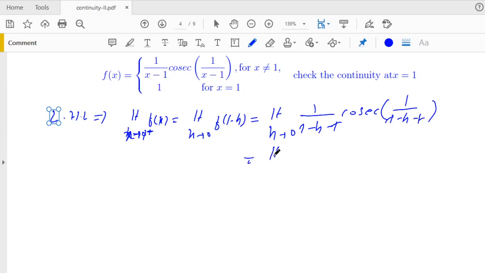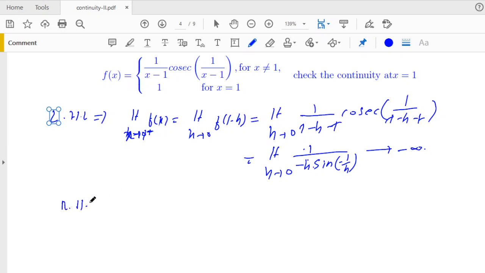This value equals the limit as h goes to 0 of minus h into cosecant, where cosecant x equals 1 by sin x, therefore whole divided by sine of minus 1 by h. But the sine function oscillates, while 1 by h converges to minus infinity.